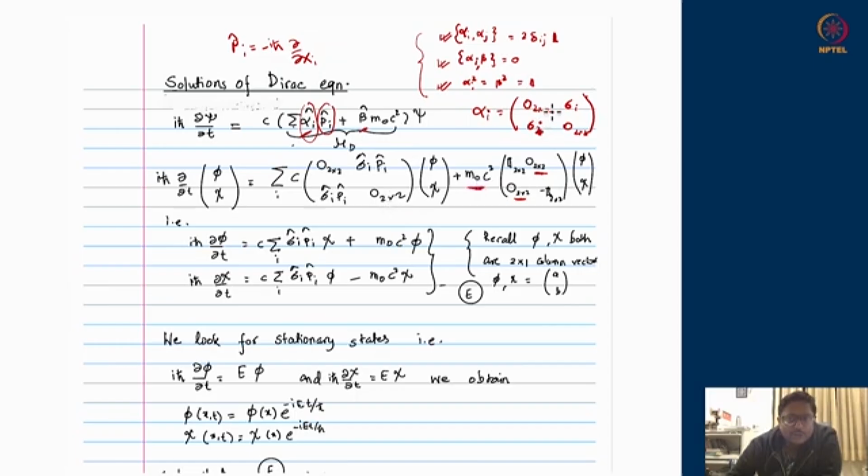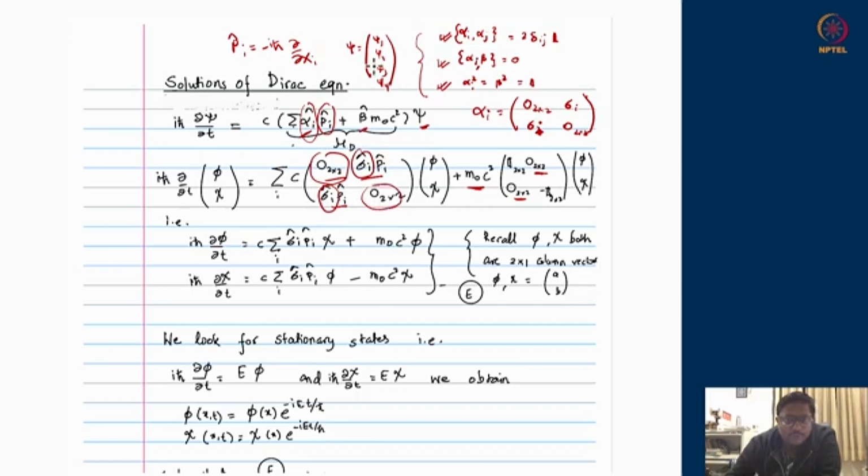Now we also learned that when the operators appearing, alphas and betas, are 4 cross 4 dimensional matrices, the wave function psi itself is a 4 cross 1 dimensional vector, psi 1, psi 2, psi 3, psi 4. So when we choose to write the whole matrix equation in terms of 2 cross 2 blocks, the upper block is made up of 2 cross 2 matrices, one is 0 and one is sigma i, and the lower block is also sigma i and 0.